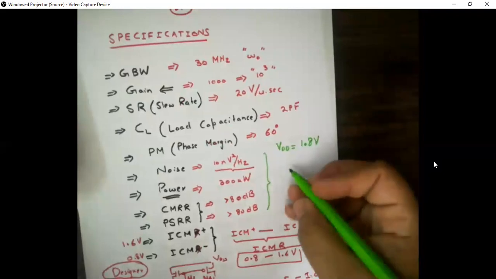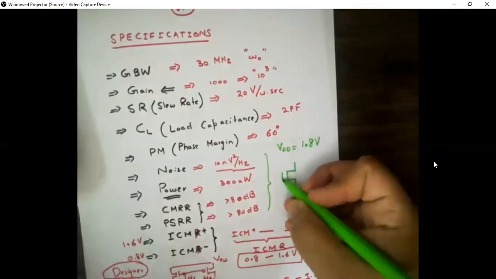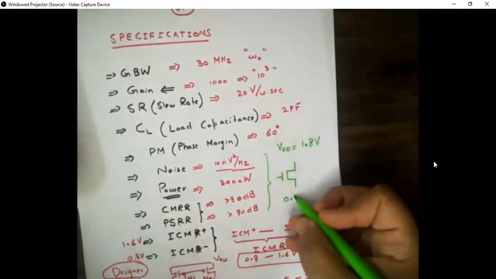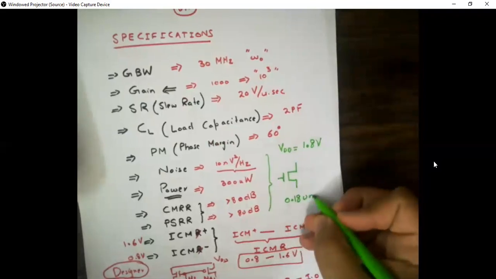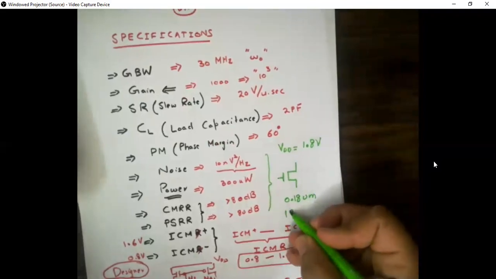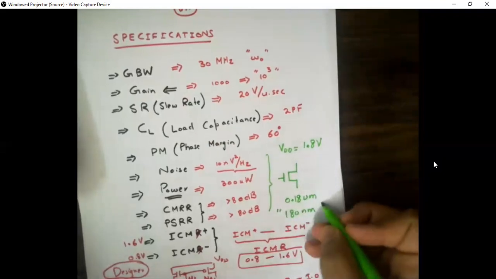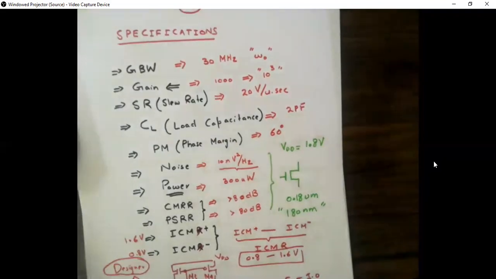We are talking about a transistor with a minimum channel length of 0.18 micron or 180 nanometer, meaning you cannot go below 180 nanometer.